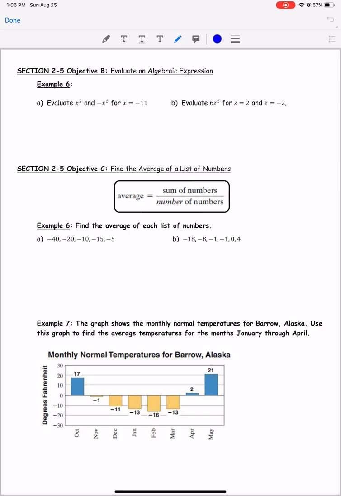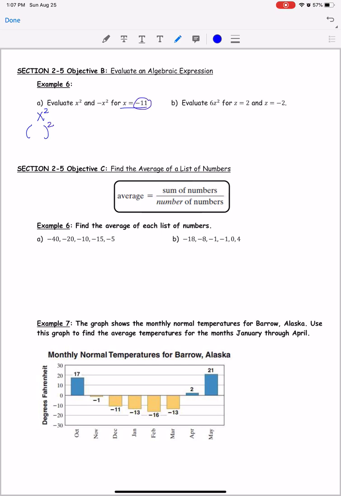All right, example 6, we're evaluating. Evaluate means to get to one single answer. So we're evaluating x squared and negative x squared. When I'm evaluating an x squared, I'm going to go ahead and just write x squared. It means I am replacing x with this negative 11. Here's where my x goes.